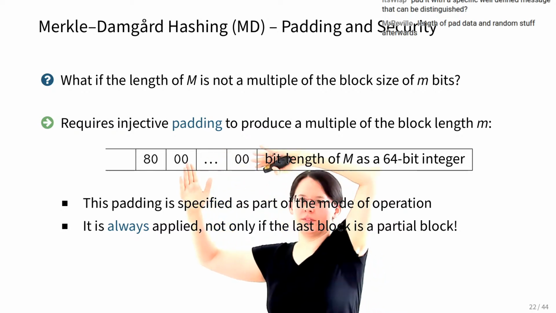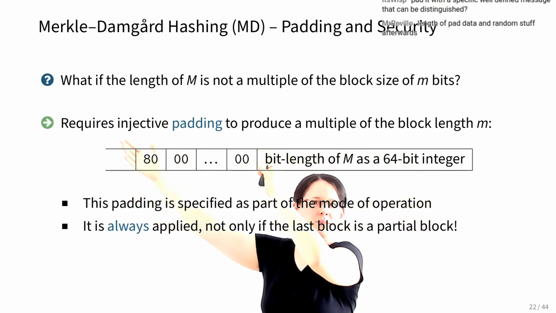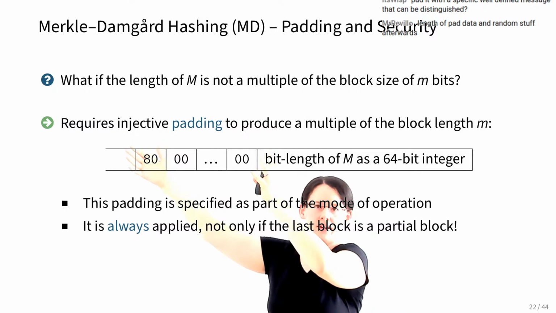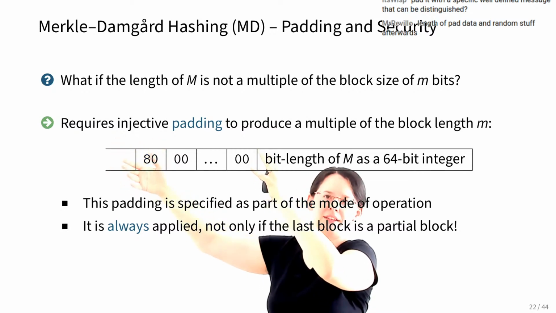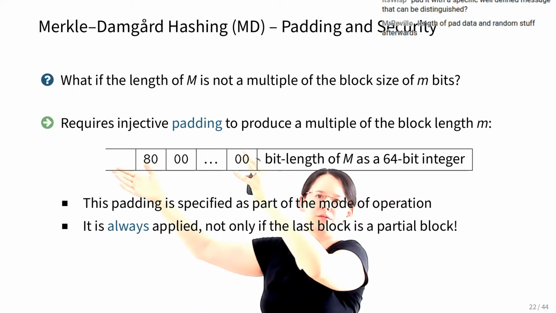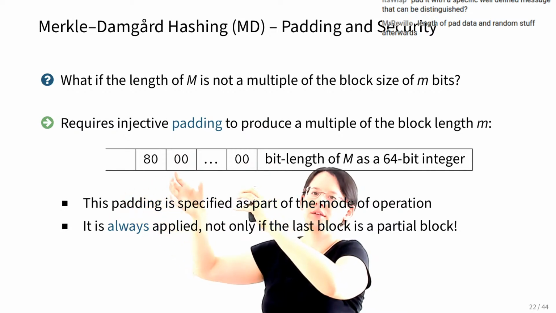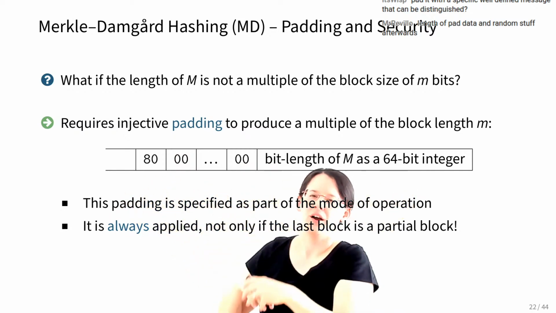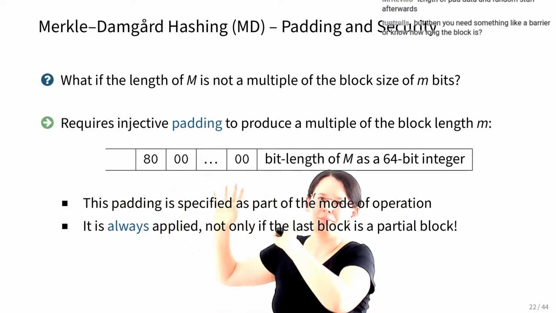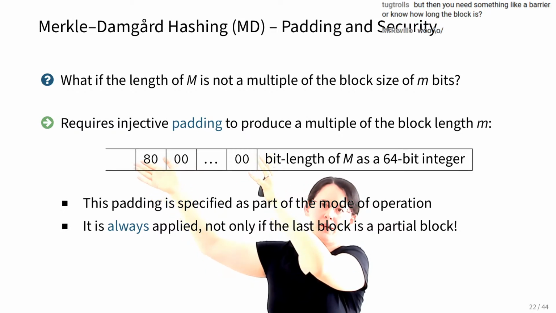If you ignore this part for a moment and just consider this, then it already solves the problem of the previous suggestion. In this case, the message 1 and the message 1 0 would be padded to different things. Namely, one would be padded to 1 1 and zeros and the other one to 1 0 1 and many zeros, where I'm mixing bits and bytes a bit, but I hope you get the idea. So this already fixes the main problem.